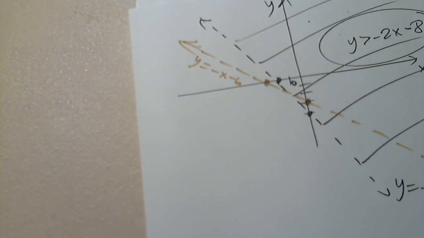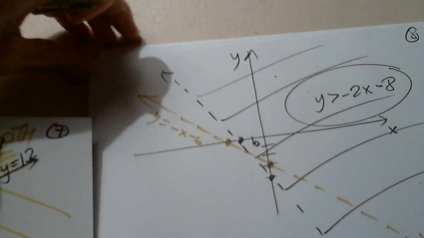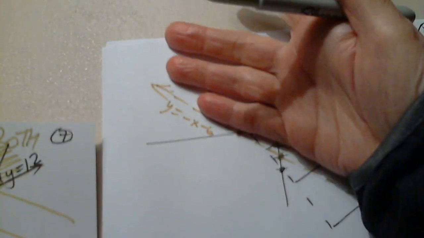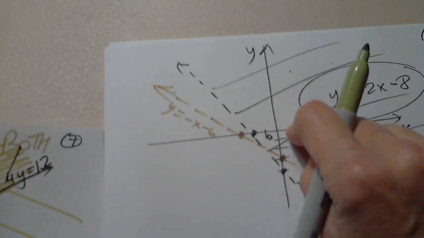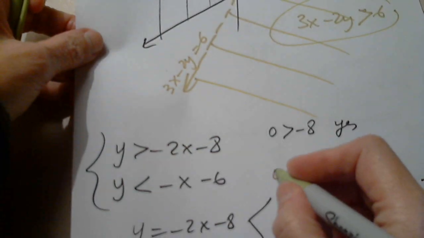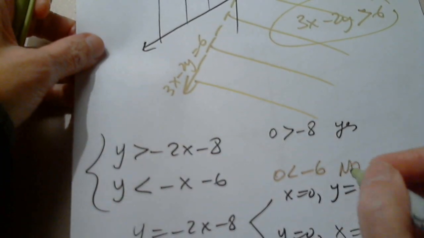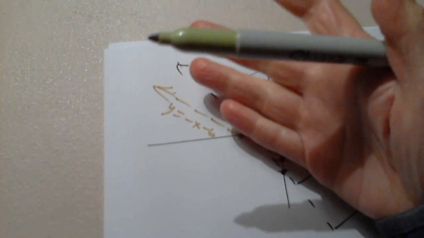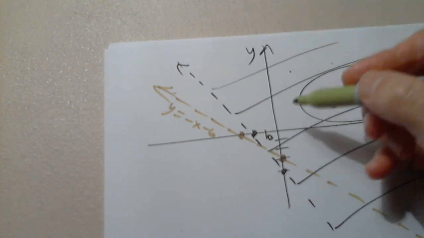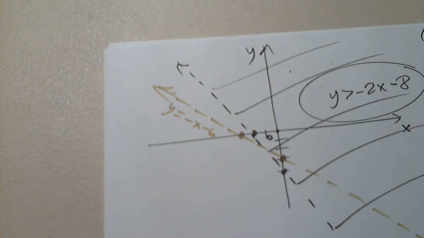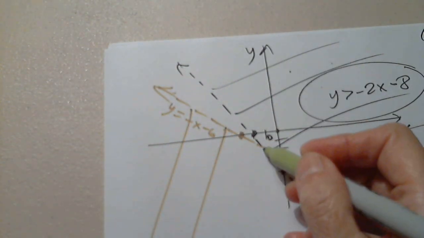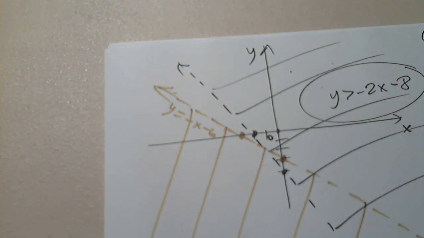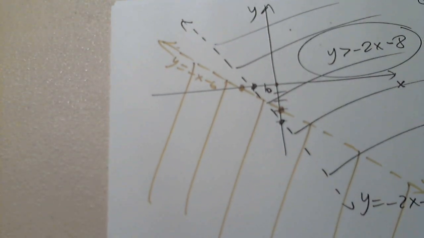It divides the plane into two regions, right and left, above and below. I'm checking above. 0 less than negative 6? No, 0 is not less than negative 6. So I cannot choose the above that has the origin. I have to choose the below, because I got a false statement.